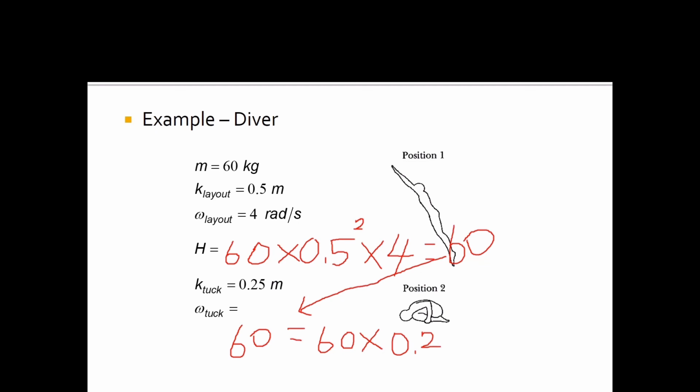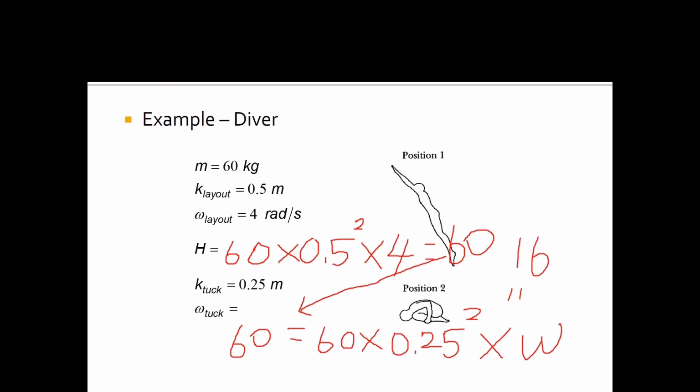He reduced it, right? So 0.225 squared times omega. Okay, I will leave the rest of the calculation to you.